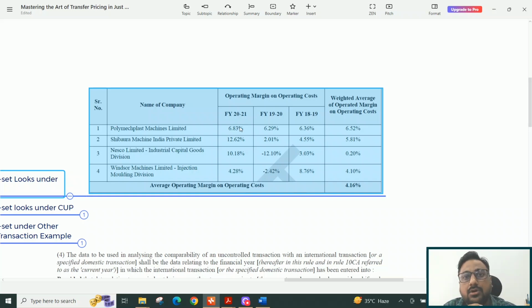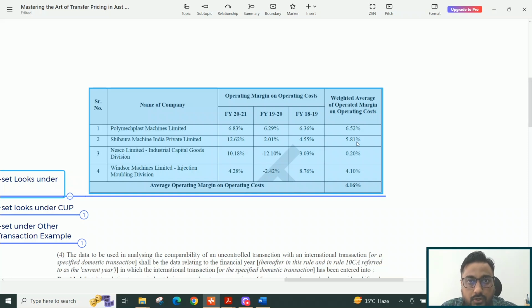We will see in the practical case also how we arrive at a weighted average, but just for your reference right now, we will take the total of 3 years of operating profit and divide that by the total 3 years of operating cost. So that accordingly will come to a weighted average operating margin, right? I hope this clarifies.